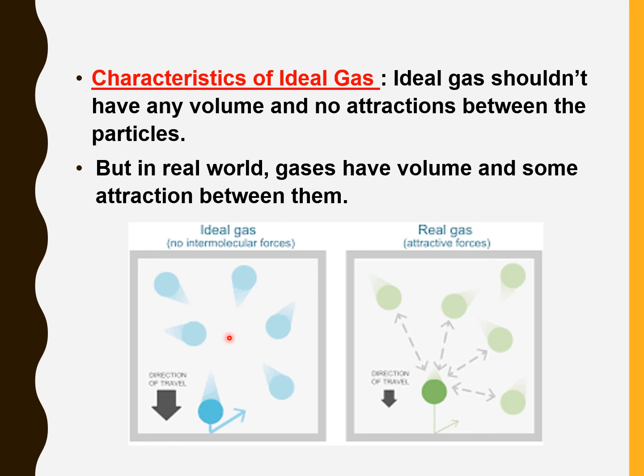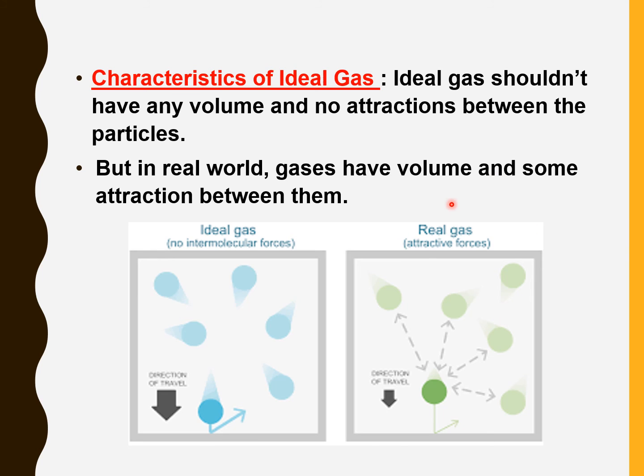If you observe this figure, the ideal gas should have no intermolecular forces; the particles should not be attracted and should travel in a straight line. But in real gases, there are always some attractive forces between them. For example, oxygen exists as O2, nitrogen as N2, and water vapor condenses back, because there are attractive forces between the particles.